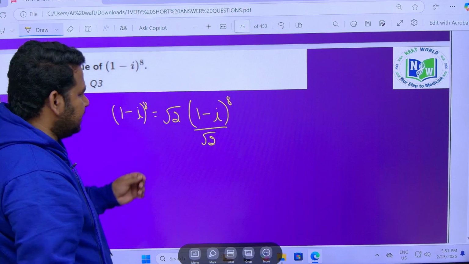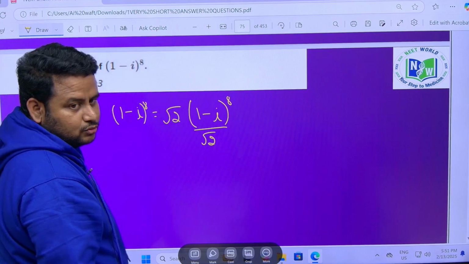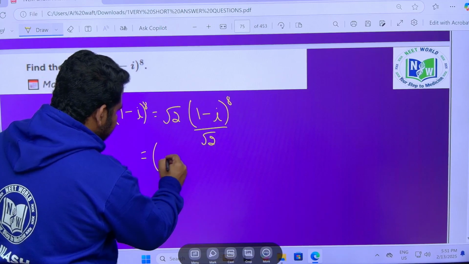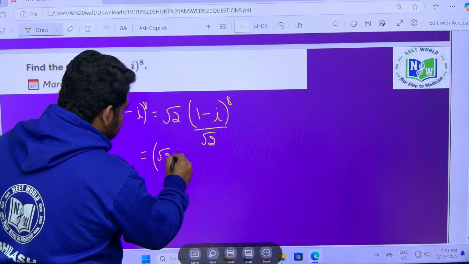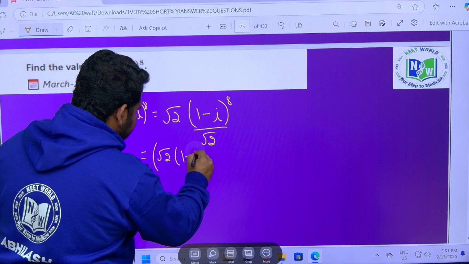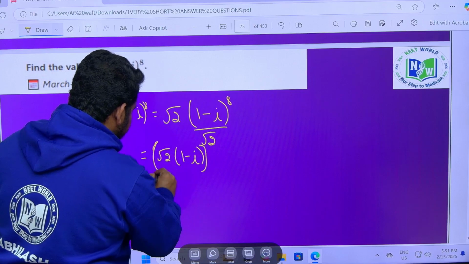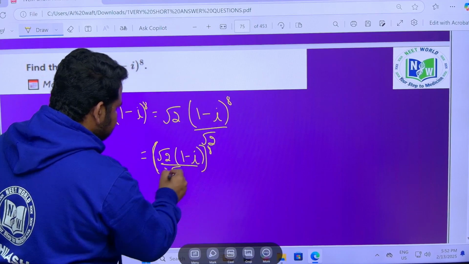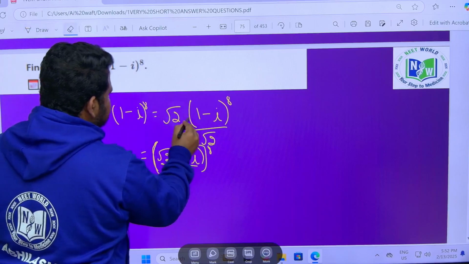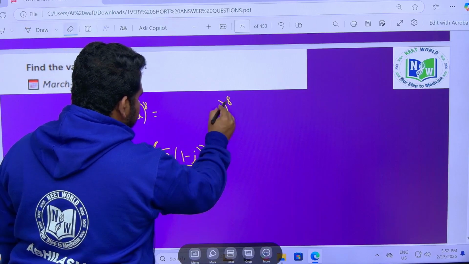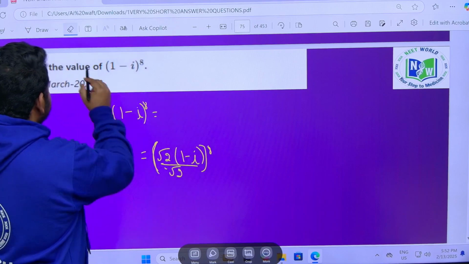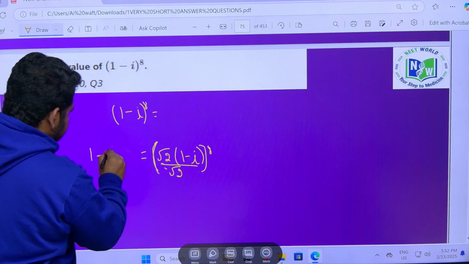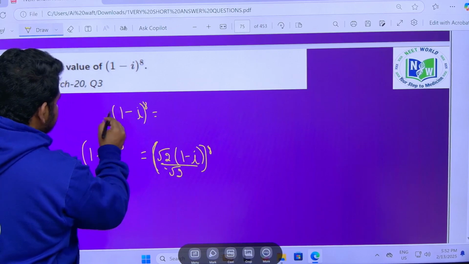So I can send it inside, and this will become root 2 into (1 minus i) whole to the power of 8, this whole divided by root 2. Everything is under the root, so we can avoid this step. This is not required. You can write it this way itself, better. So (1 minus i) to the power of 8 can be written this way.